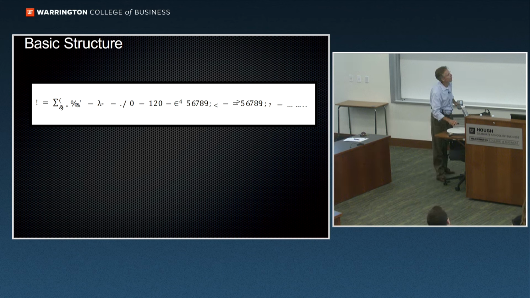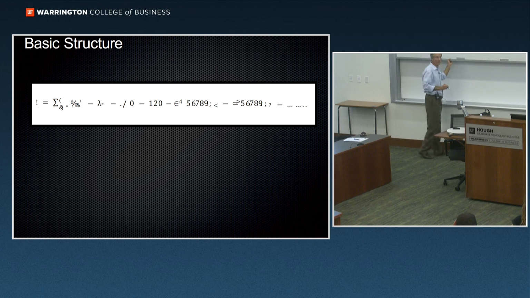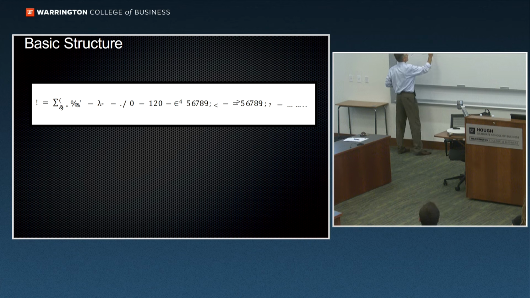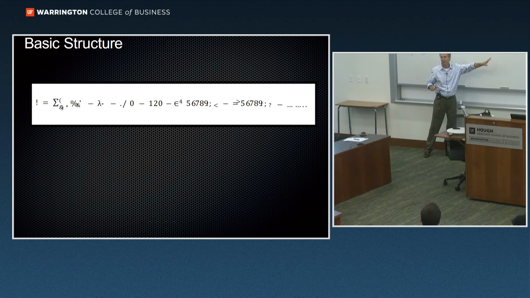So what this is supposed to represent up here is a utility function. And I'm going to do this from memory: utility is equal to something. And this something is what we're trying to approximate the real world from.